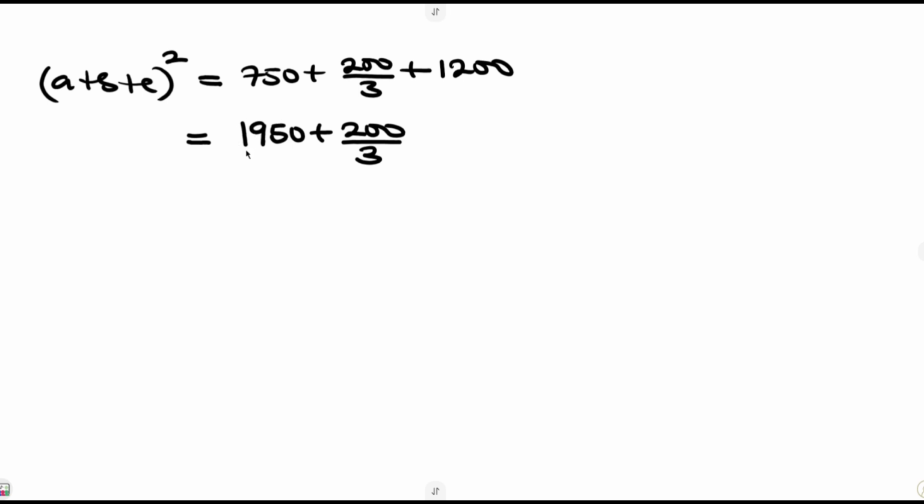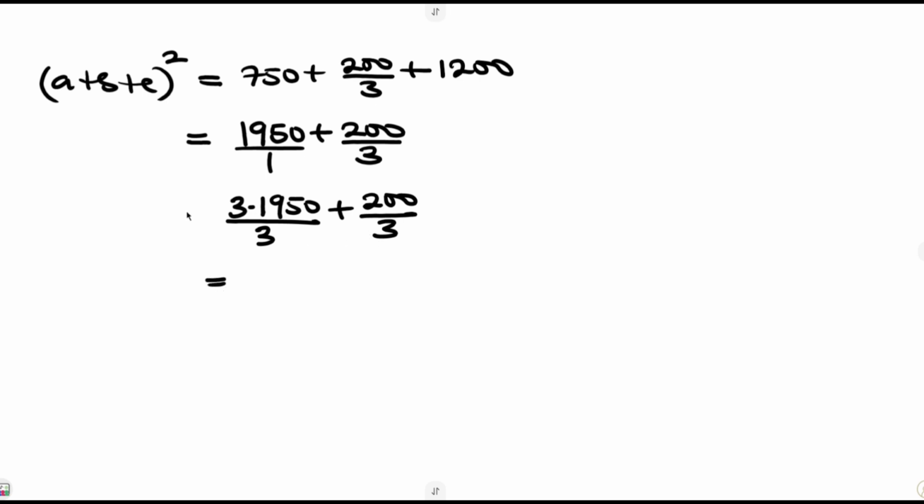To make this a fraction, we put it over 1. Now, we'd like to make them have the same denominators. So in order to make this a denominator of 3, I'll multiply the numerator by 3, which is 3 times 1950, all over, I'll also multiply the denominator by 3. Good. Plus 200 all over 3.